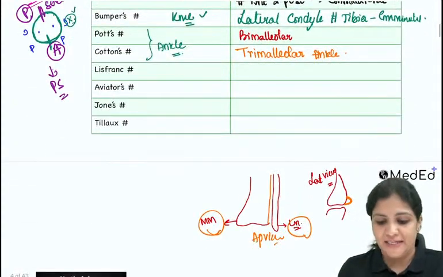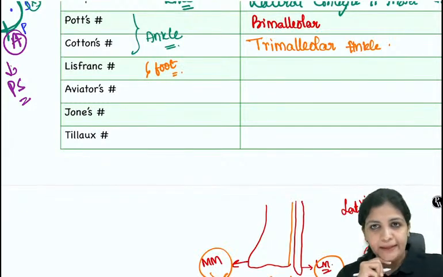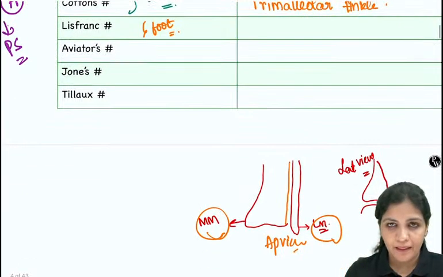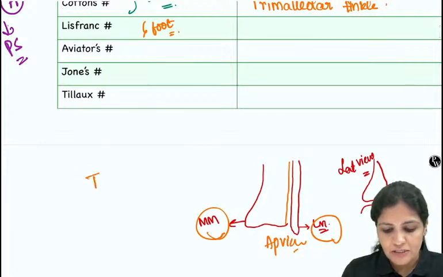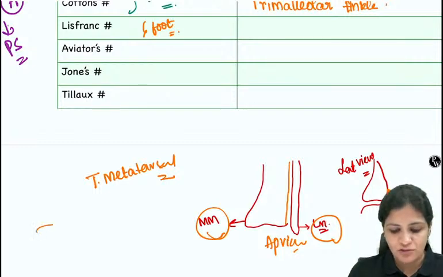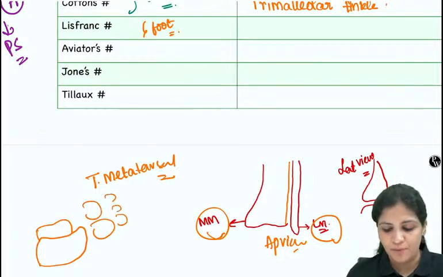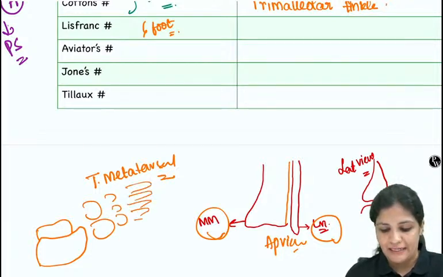Then what is Lisfranc's? So now we are done with the ankle, we are going to the foot, right? So what is Lisfranc's fracture? Lisfranc's is tarso-metatarsal, right? If you remember the foot, we have the talus, then the big one, calcaneum, and then navicular, cuboid, three cuneiforms, and then the metatarsals.